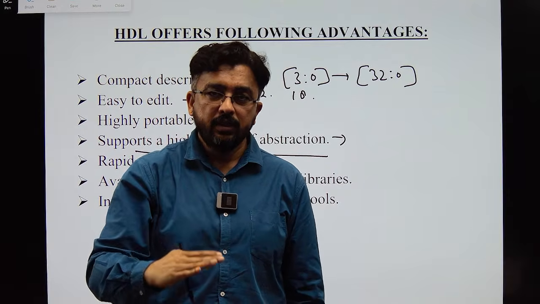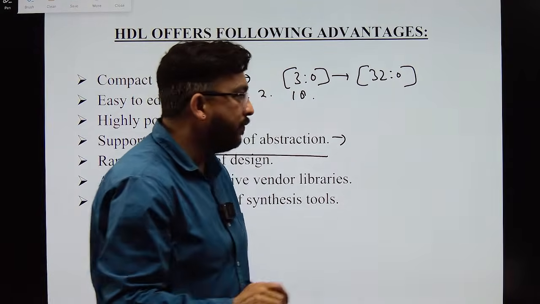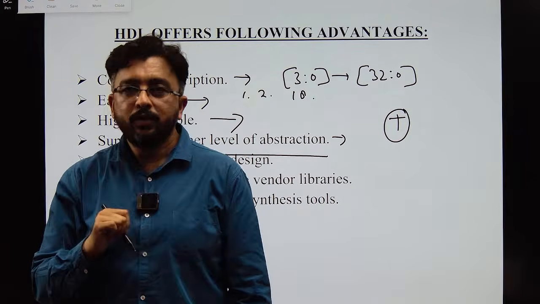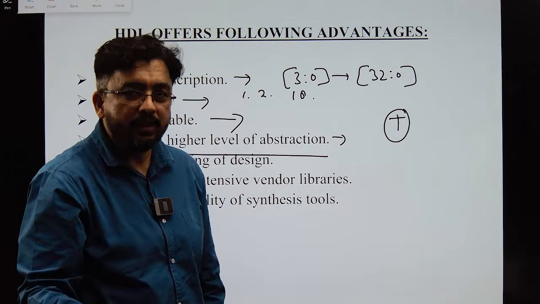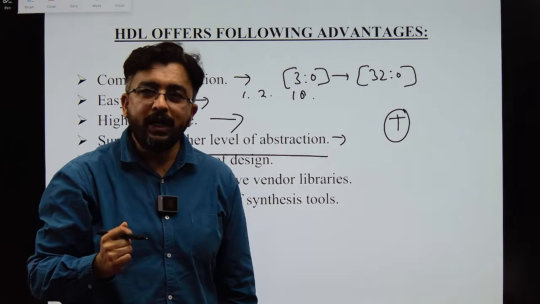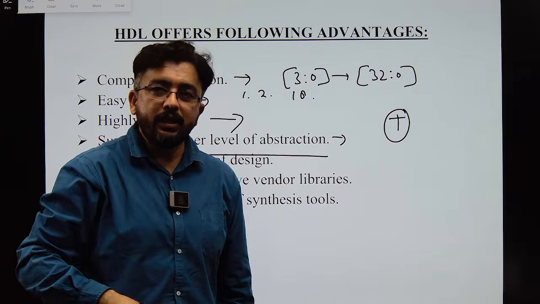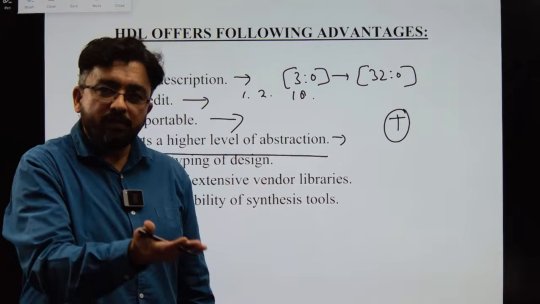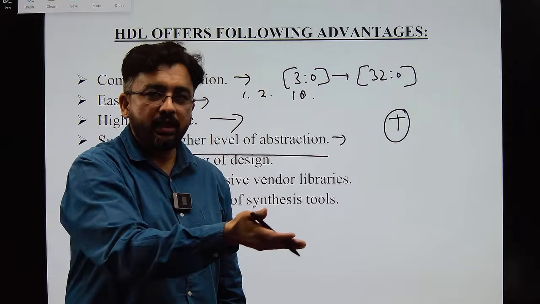In Verilog, with the help of just one operator and calling the bus, bus means calling the vector, we can make a 32-bit adder. That is called a higher level of abstraction. Similarly, there is also a low level of abstraction, starting from half adder, then full adder, then 4-bit adder, that I will show you later on.